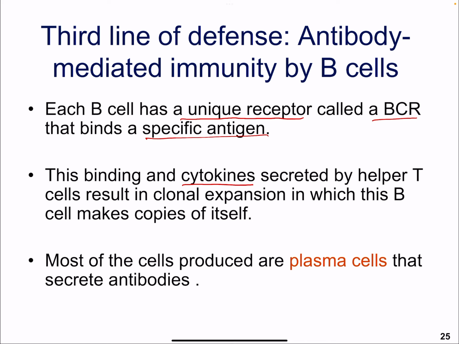These cytokines are released by helper T cells, and upon the release of cytokines, the helper T cells are going to trigger B cells to undergo clonal expansion, and upon that clonal expansion, that B cell is going to become a plasma cell and then produce antibodies that are sent outside.